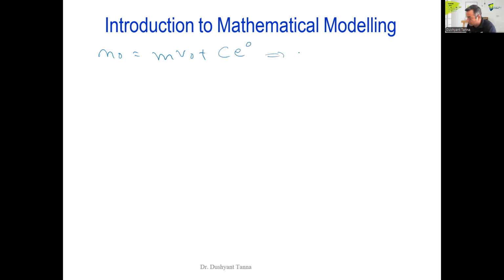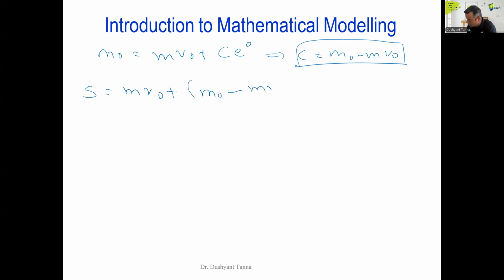And therefore C is equal to m0 minus m v0, which we replace in our s. So s will be m v0 plus C, that is this, times e raised to minus q over v0 t, or you could have said qt over v0.